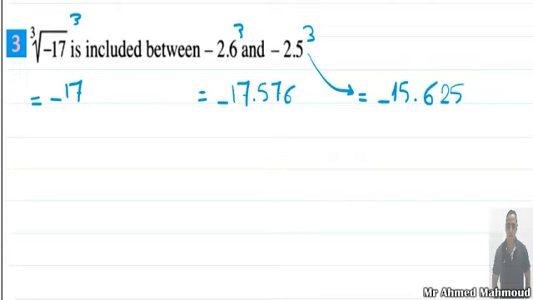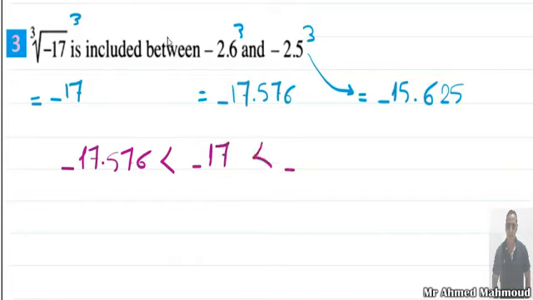Okay, the next step, I'm going to arrange them. The smallest number is this one, negative 17.576, less than this one, the next one, and less than negative 15.625.